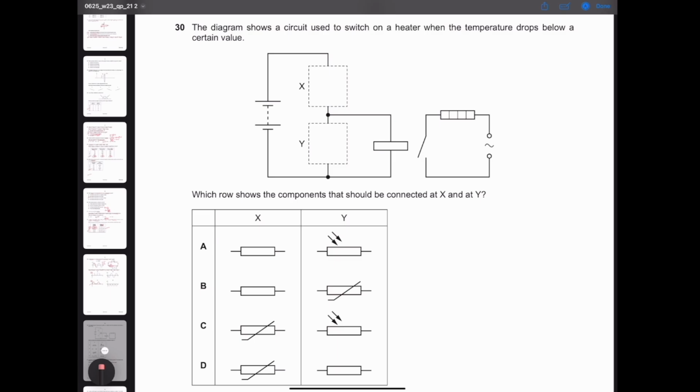So the diagram shows a circuit used to switch on a heater when the temperature drops. So now this is our main purpose. When the temperature drops, this switch must close. Means the voltage here should be high.